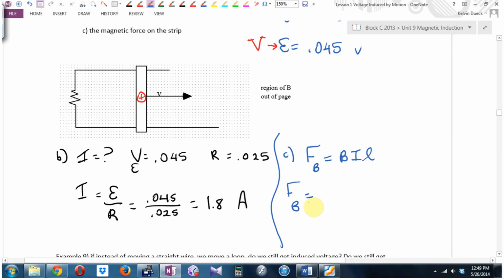By the way, this is also a nice review for the last unit, which is why I almost always try and get this lesson in before the test anyways. Lots of right-hand rule practice. What was the magnetic field in Tesla? 0.08. Current was 1.8 amps. I'll use the full value. Length was 12 centimeters, right? Yeah. Okay.